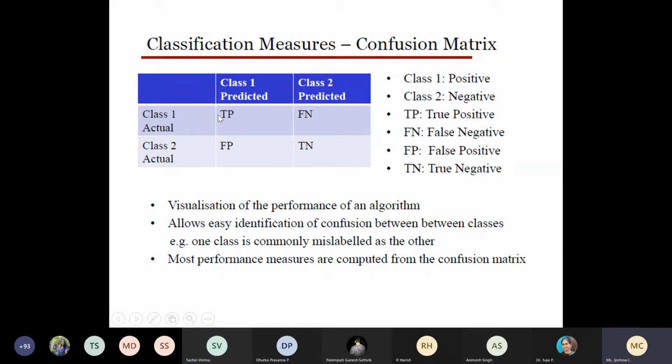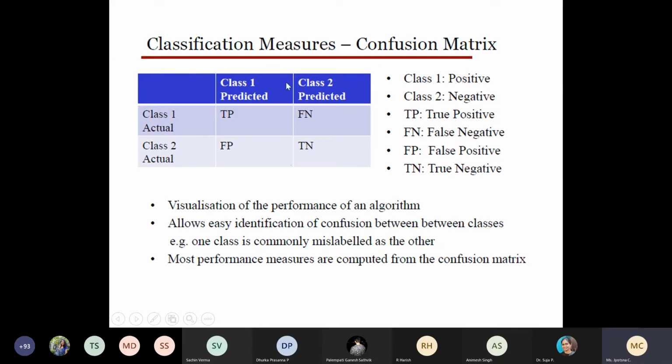That means the class is commonly mislabeled as the other. Here, false negative and false positive are mislabeling only, right? If I give data in terms of numbers without a pictorial representation, like these many COVID positive patients came for testing, these many were tested, these many identified as positive, these many as negative, that may be confusing.